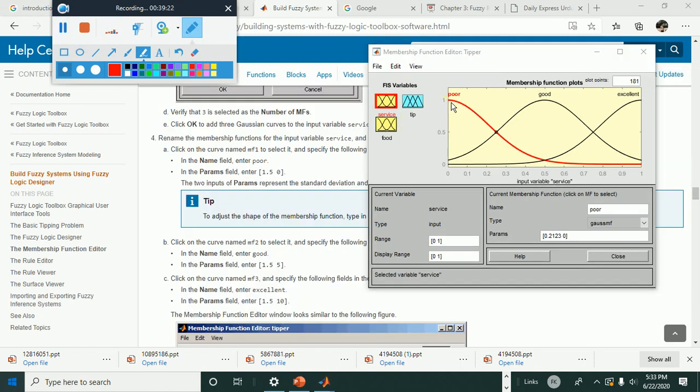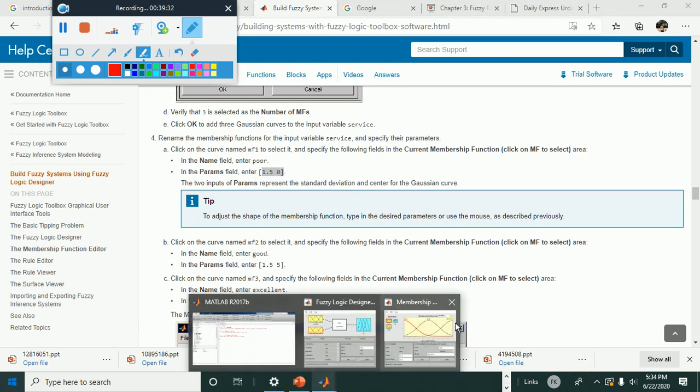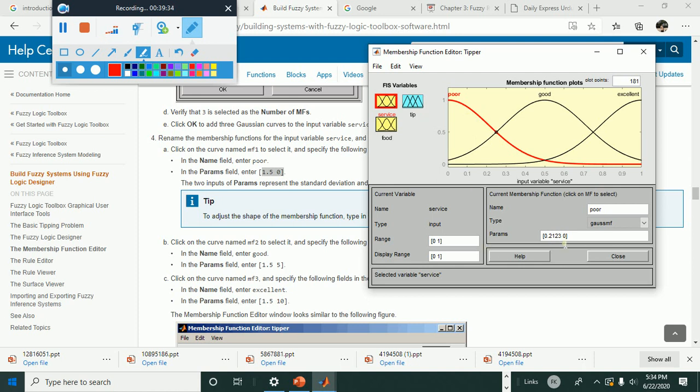For poor we have parameters, and these parameters are 1.5 and 0. So this is the parameter for poor.